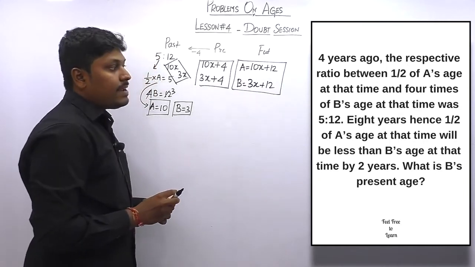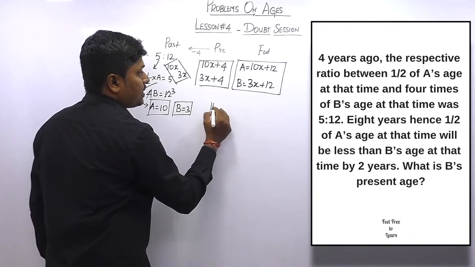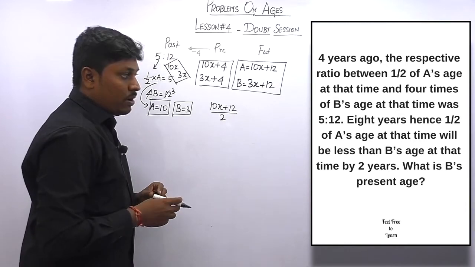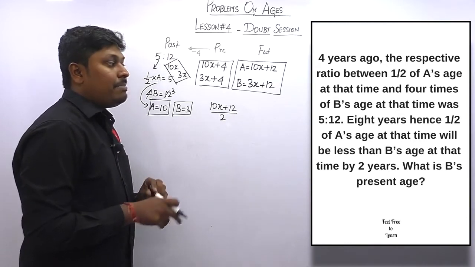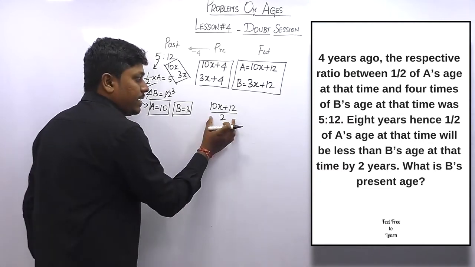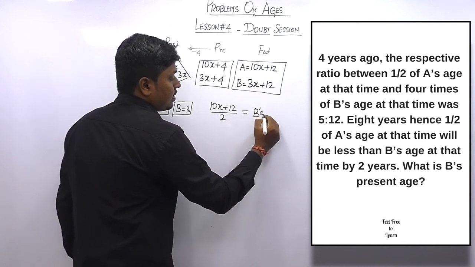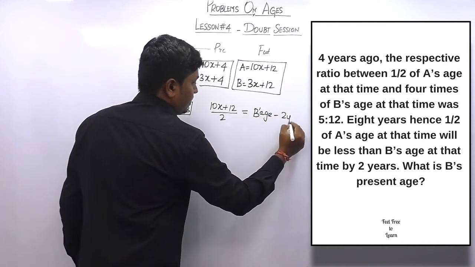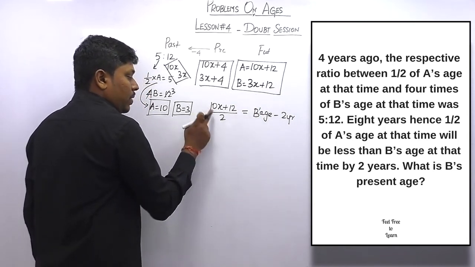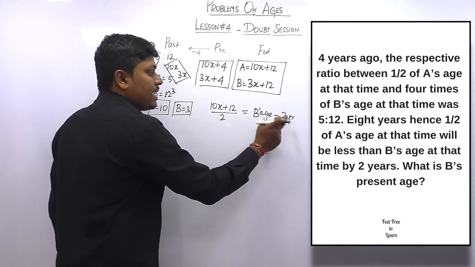So listen carefully, 8 years hence, 1 by 2 of A's age. So 1 by 2 of A's age will be (10x plus 12) divided by 2. 1 by 2 of A's age at that time will be less than B's age at that time by 2 years. Friends, got the logic, right? Listen to the words carefully: 1 by 2 of A's age at that time will be less than B's age by 2 years.